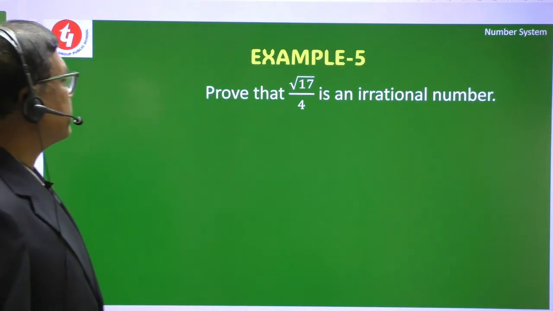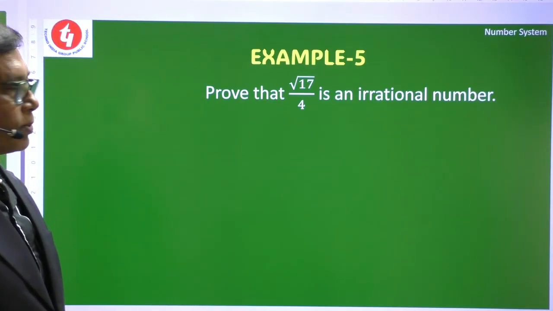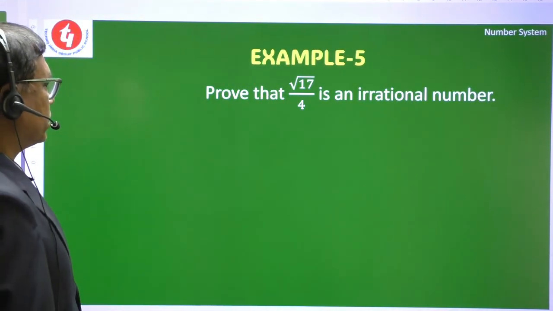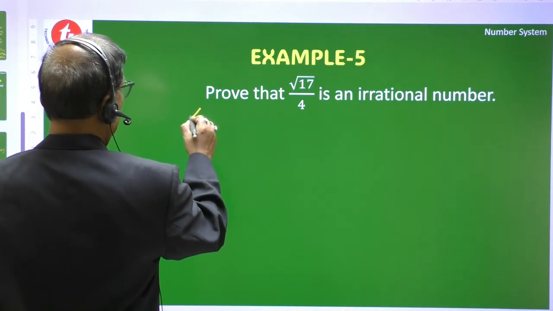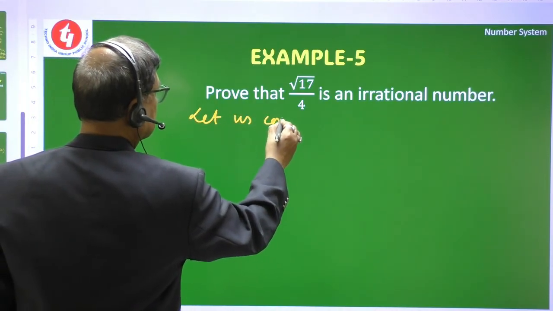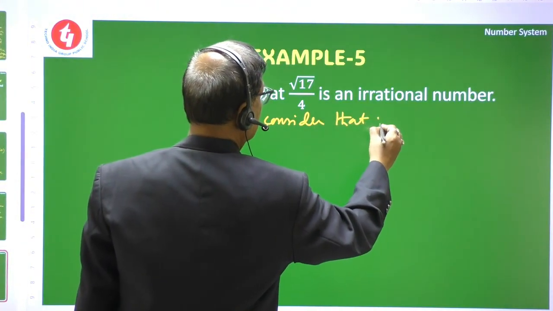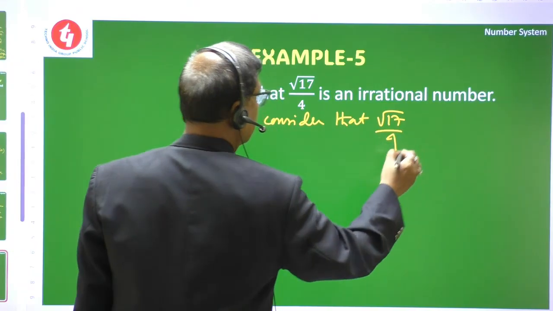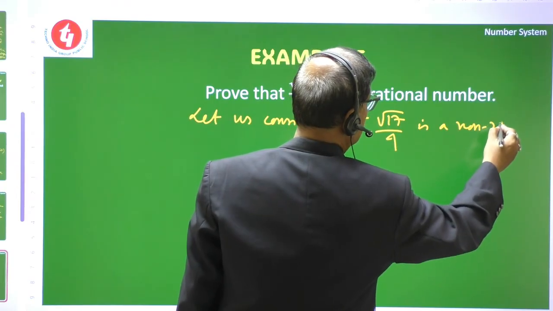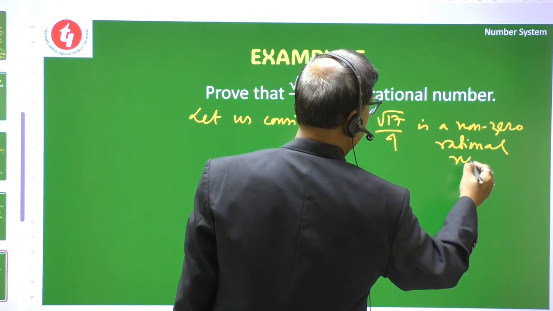Now example number 5. We have to prove root 17 by 4 is an irrational number. So here one irrational number is divided by a rational number. First we consider it is a rational number. So let us consider that root 17 by 4 is a non-zero rational number.